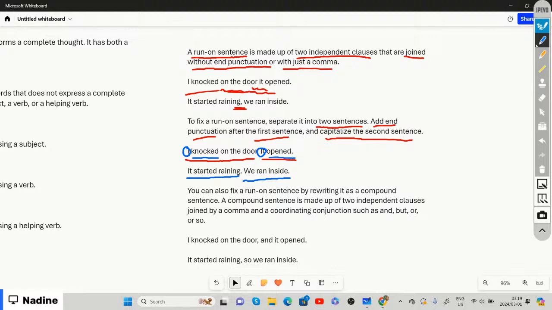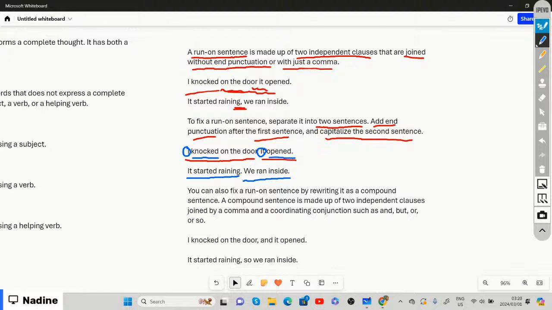And a coordinating conjunction is words such as and, but, or so. So we will still have both of the independent clauses in one sentence, but they will be joined by a coordinating conjunction. Either and, or, so, or but will be used to join those two sentences, those independent clauses.